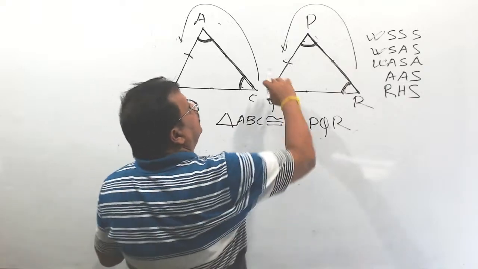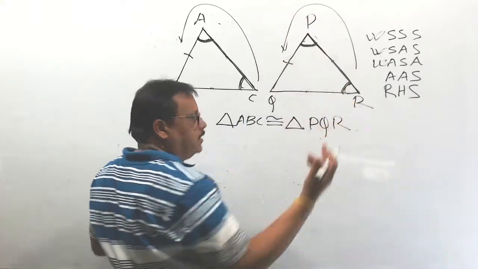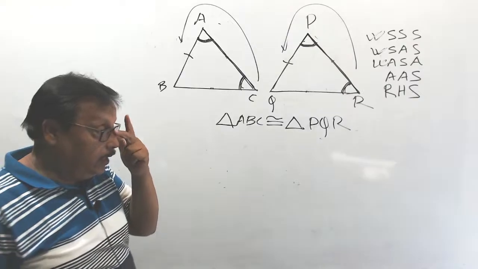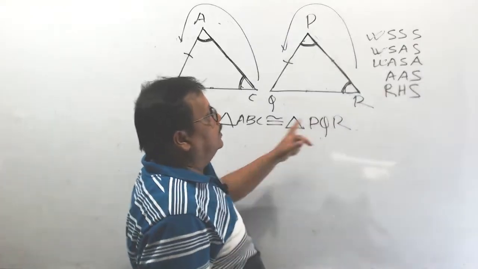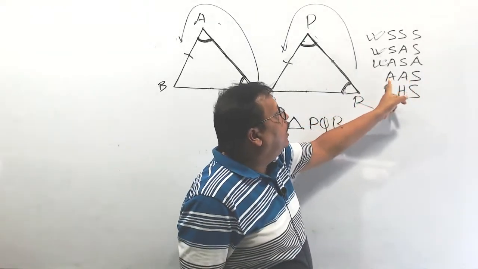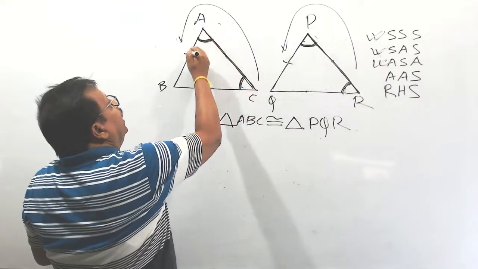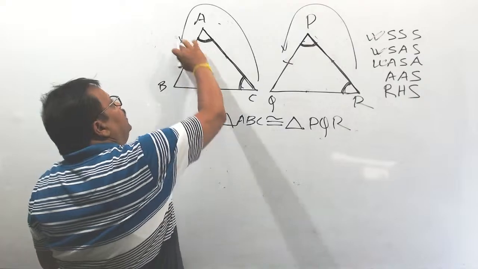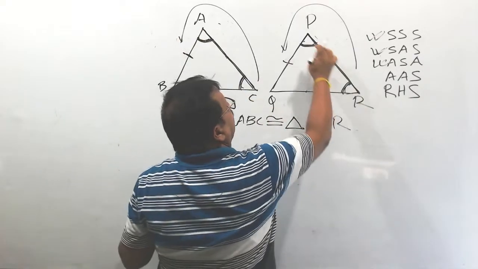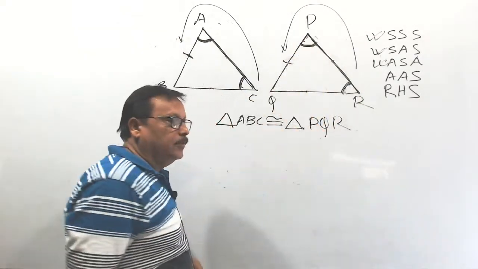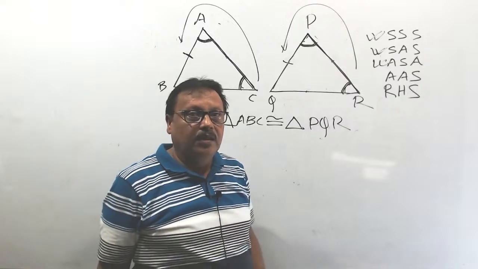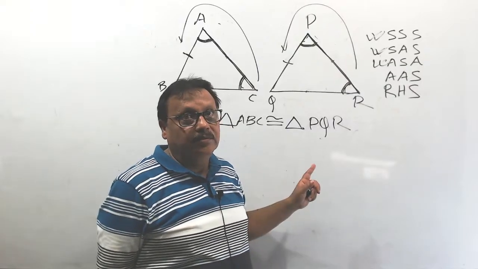You can go this way also. Side angle or angle side, same thing. That is, if you go this way, two angles and one side, or side angle side. You have to consider it. Okay, these are the criteria.